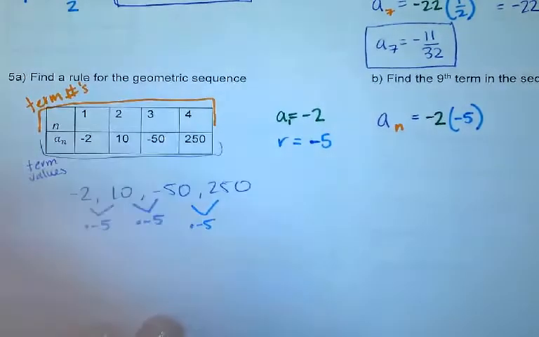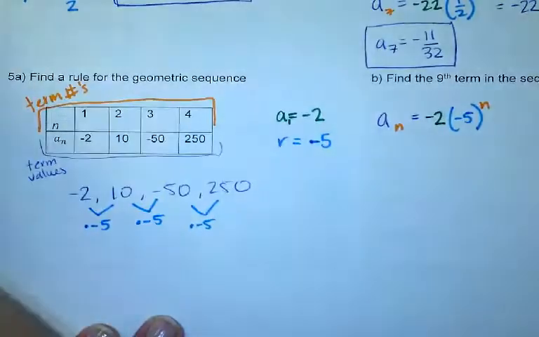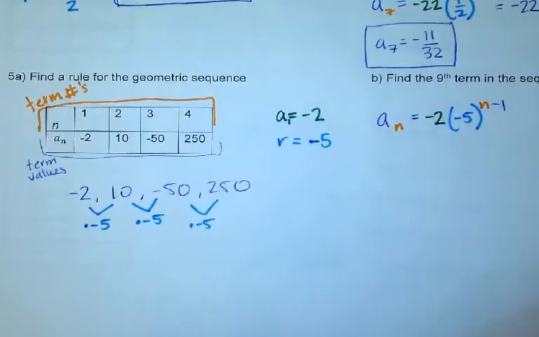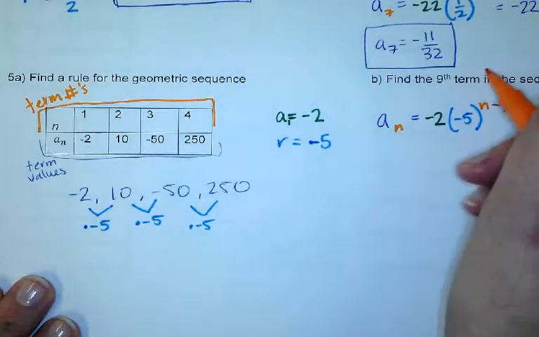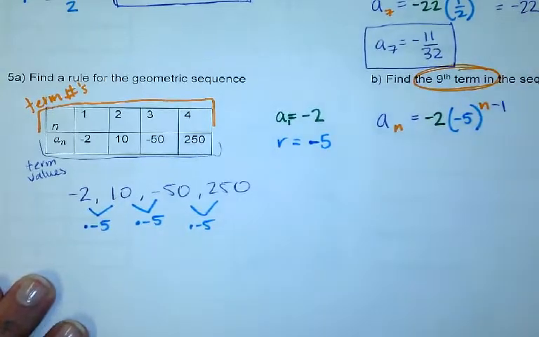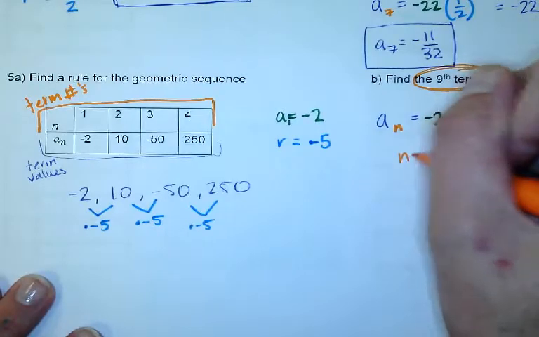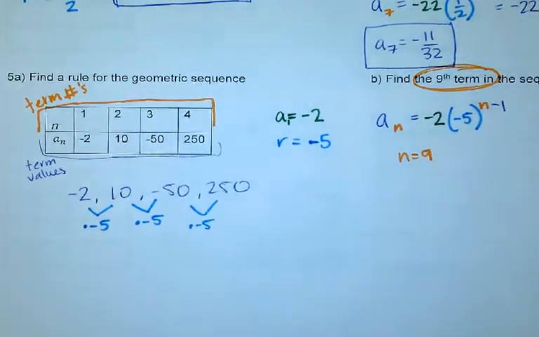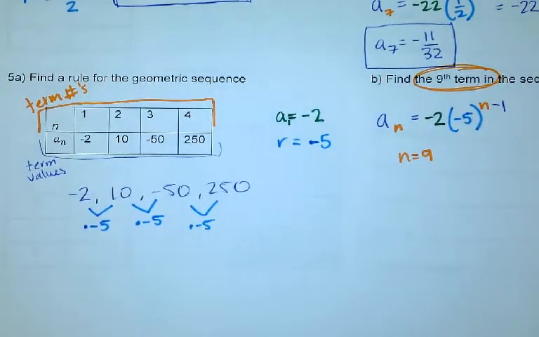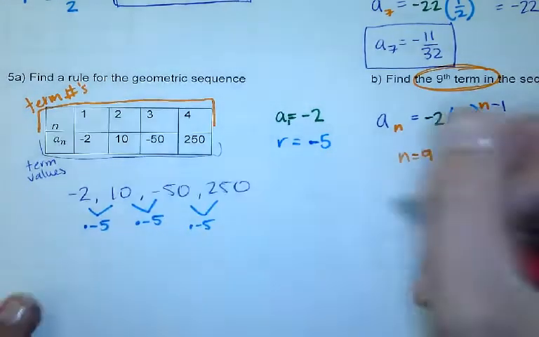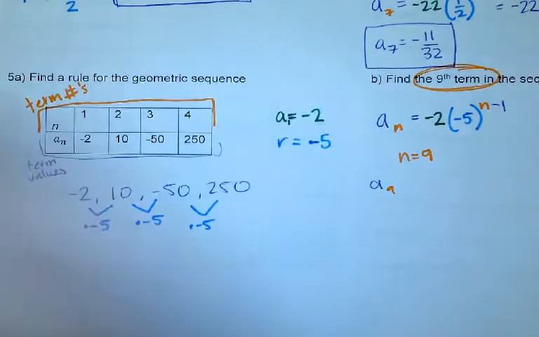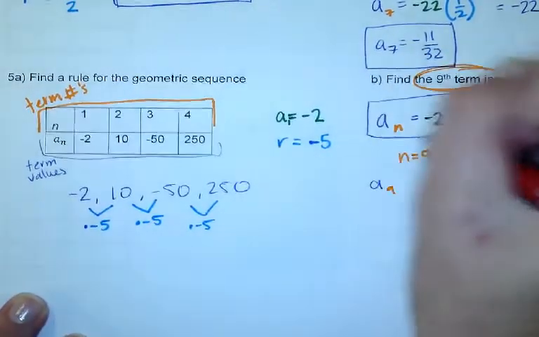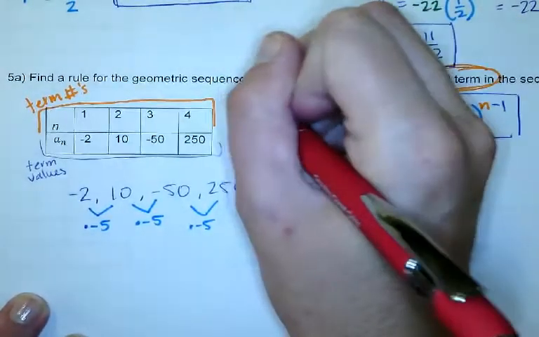So if we want to find our 9th term, okay guys, then my n is now going to be equal to 9. Are you guys comfortable with that? So this right here is my rule, okay? So technically this is kind of the answer to the first part there. Okay, that's my rule.